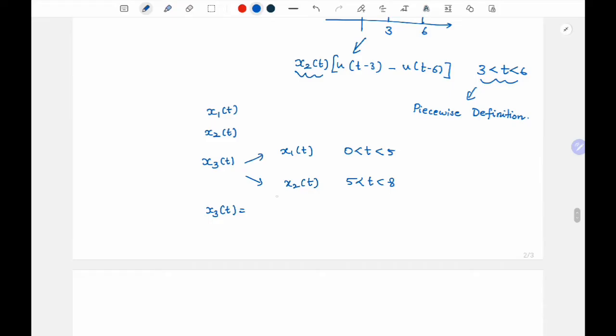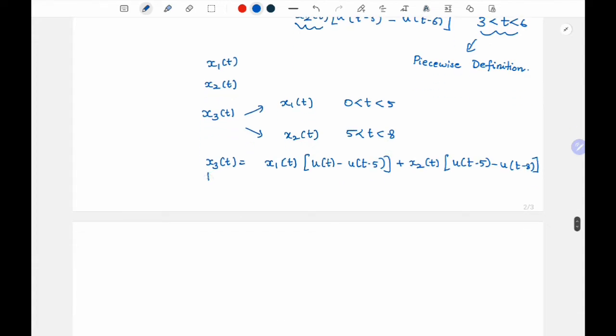So x3 of t is equal to x1 of t into u of t minus u of t minus 5, plus x2 of t into u of t minus 5 minus u of t minus 8, right? So this is called a piecewise function. You're defining it piecewise in time, from 0 to 5 separately and 5 to 8 separately, and they don't interact with each other, right?